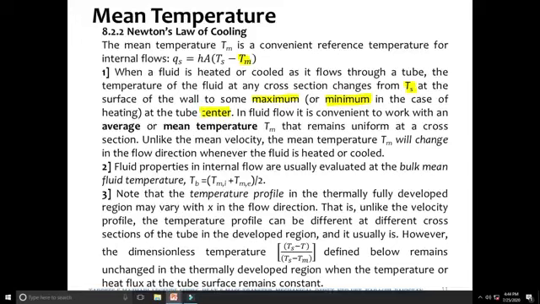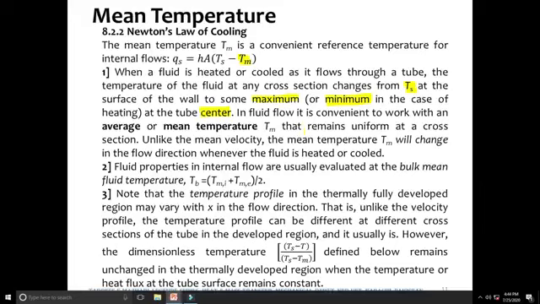Right? So if the value of Ts is greater than T infinity, it means that T infinity is less than Ts. So it would have a minimum value at the center line. The temperature of the fluid will have a minimum value at the center line, and the fluid which is closer to the inner surface would be at higher temperature, and vice versa.